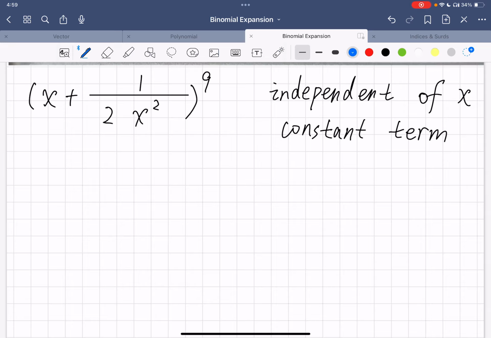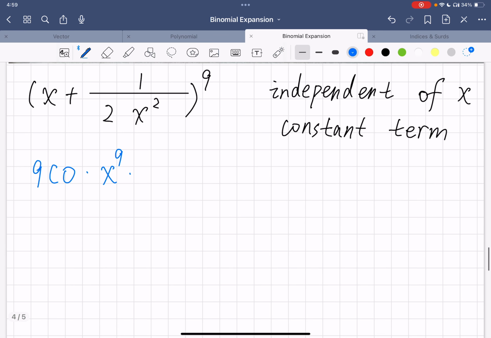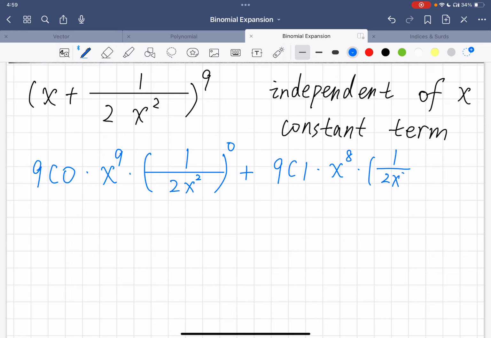Okay, now it's 9C0 times x to the power 9 times, this time b equals 1 over 2x squared, power to the 0, plus 9C1 times x in descending trend, that is 8, times 1 over 2x squared, it's 1. 8 plus 1 equals 9, right?